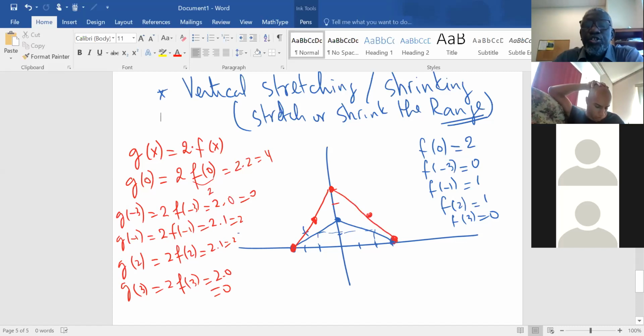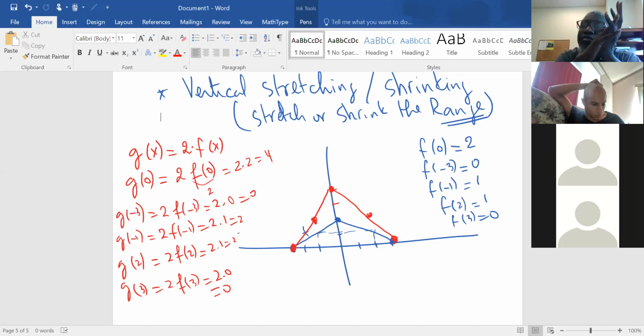Now look, compare the two graphs now. Are they of the same size? You see, now the size has changed, right? The red graph appears to be stretched how? It appears to be stretched vertically, right?